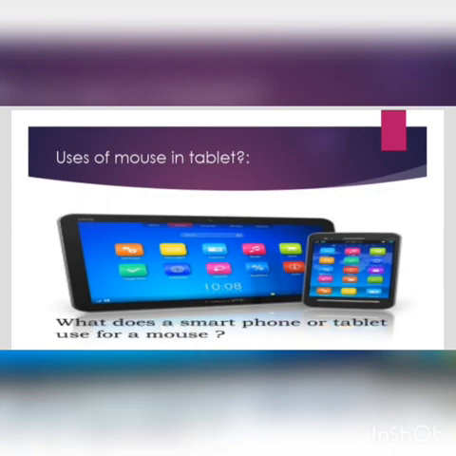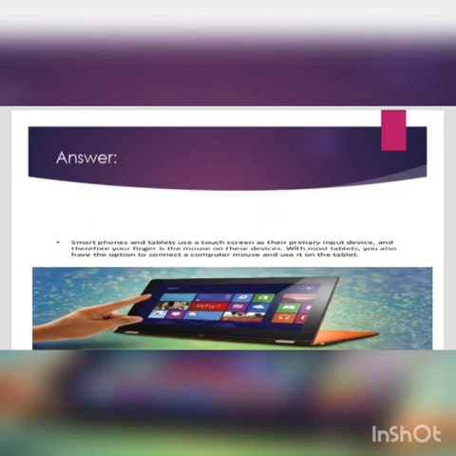Here is one more question: what does a smartphone or tablet use for a mouse? We know that tablets and smartphones have no mouse.